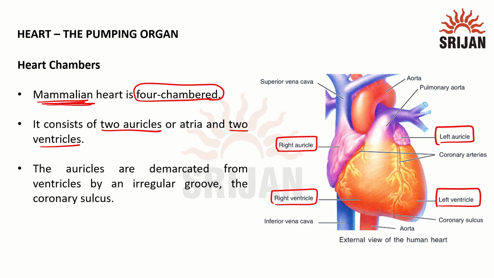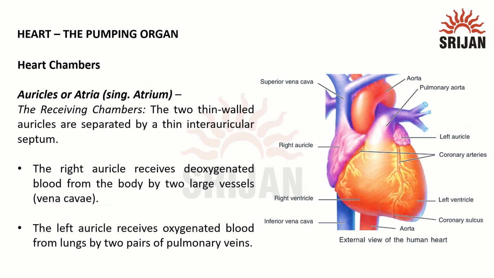Now, how do we differentiate auricular and ventricular sections? The auricles are demarcated from ventricles by an irregular groove, which is known as coronary sulcus. Now, if we observe the chambers, the auricles, also known as atria, are the ones which receive the blood.